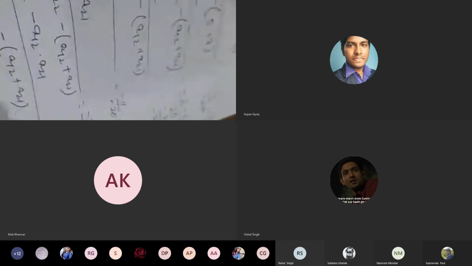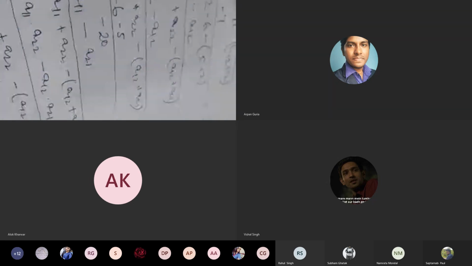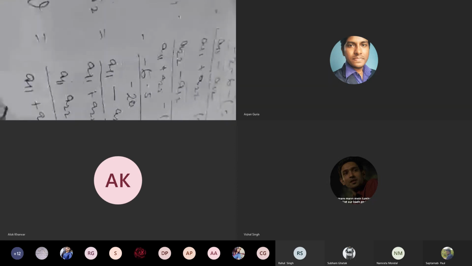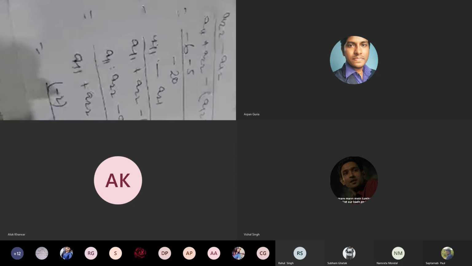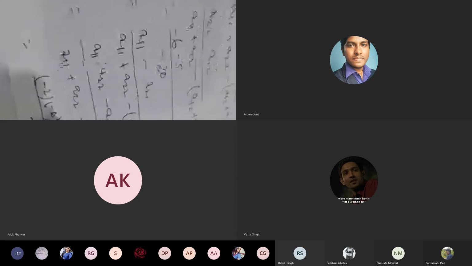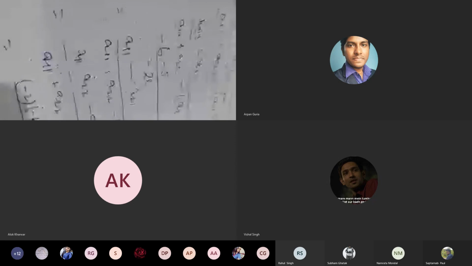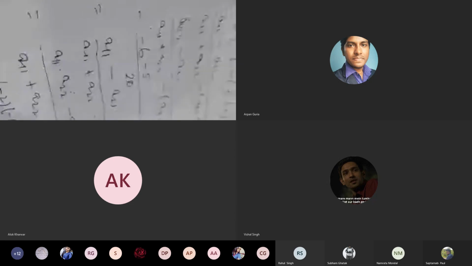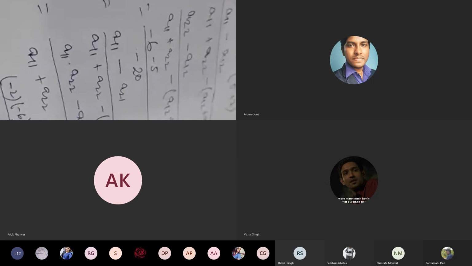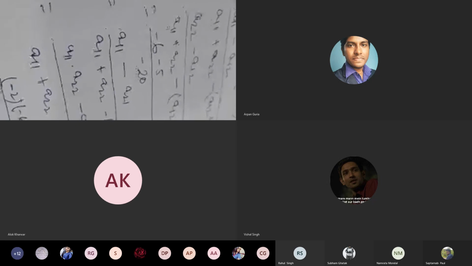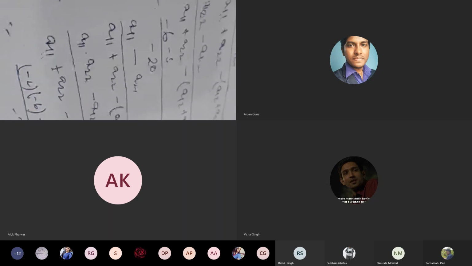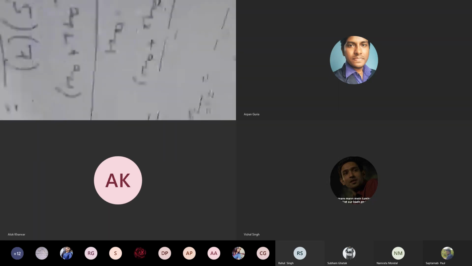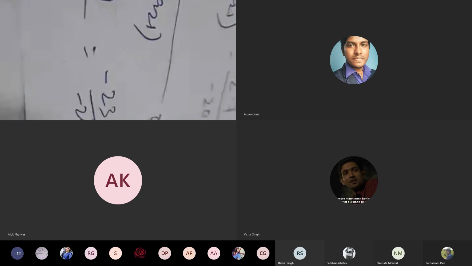In the numerator, A11 is equal to minus 2 and A22 is equal to minus 6, minus A12 is 5 and A21 is 7. So 12 and this is 35. 12 minus 35 is equal to minus 23. So minus 23 by minus 20 is equal to 23 by 20.